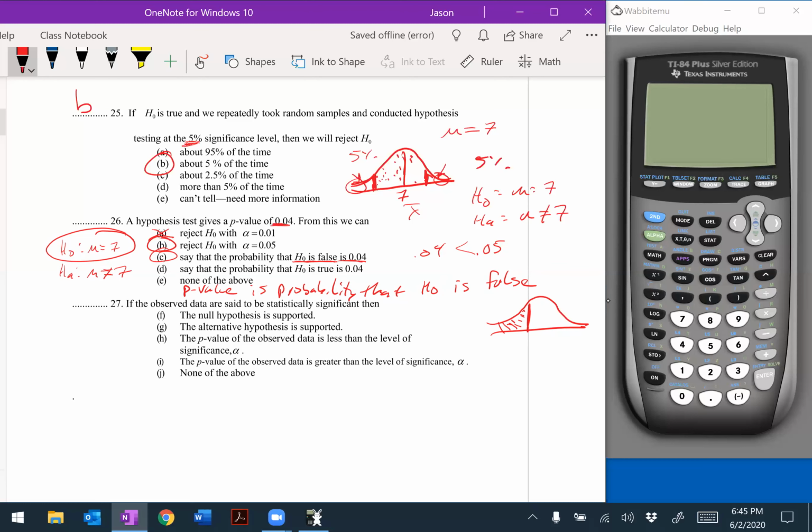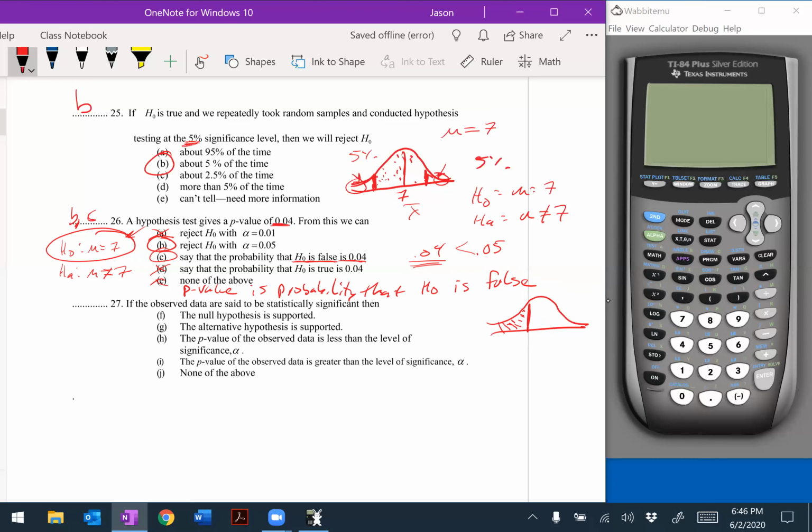But if we have a low p-value, then the probability that it's false is very low, and so we fail to reject. We say that has a very low probability. And so the answers here are B and C.